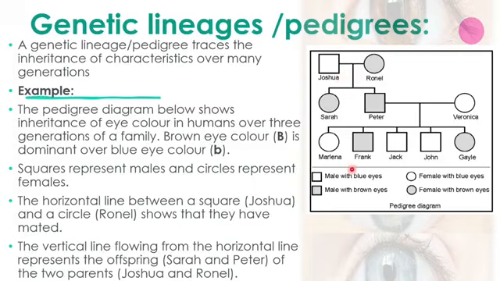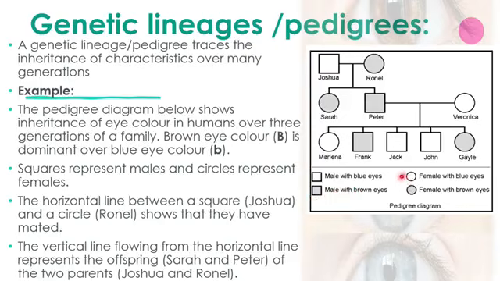Now, if you get a genetic pedigree, you have to go to this bottom part where the information is, your key. And then you see the white little block is the man with blue eyes, and the one that is colored is a man with brown eyes.